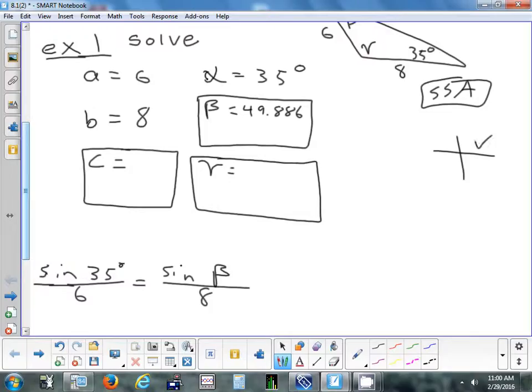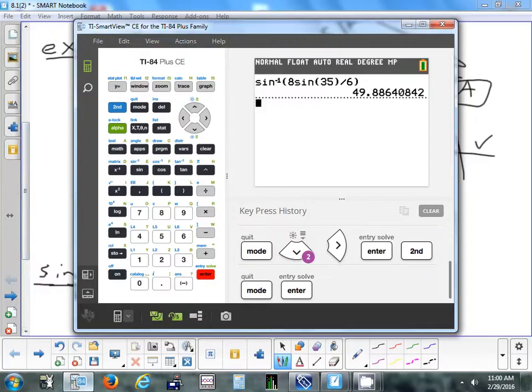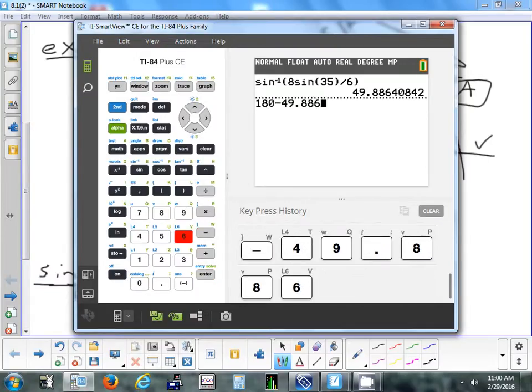Quadrant 1, and we just got that answer. And then quadrant 2. How do we get the quadrant 2 answer using that? Yep, 180 minus 49.886. I'm just going to write that off to the side, and then we'll check and see if it works.